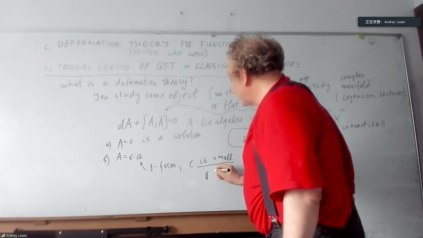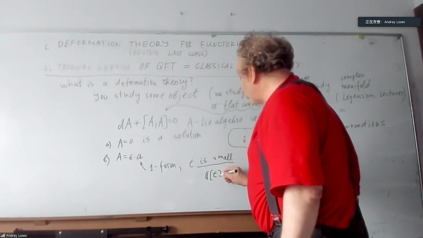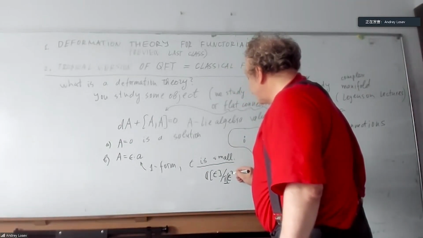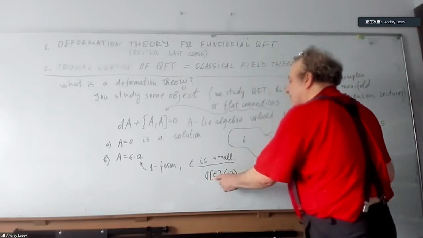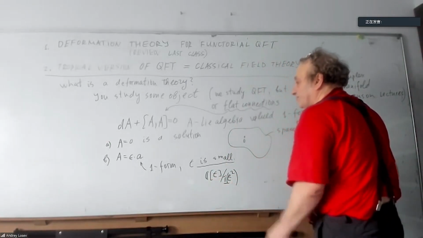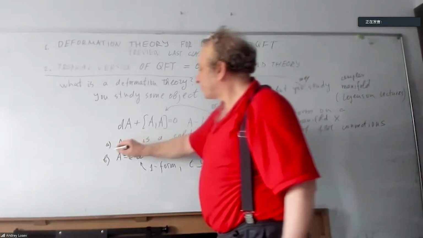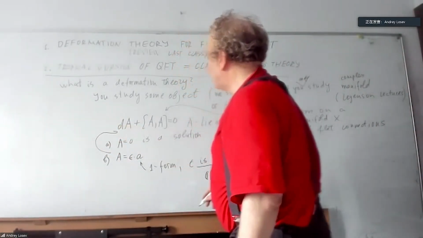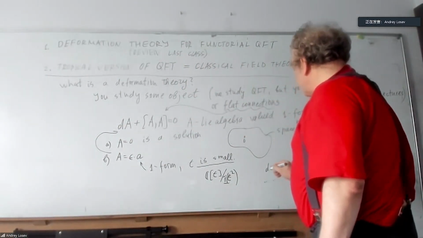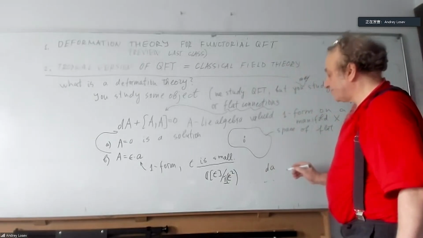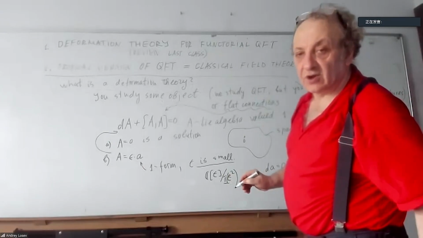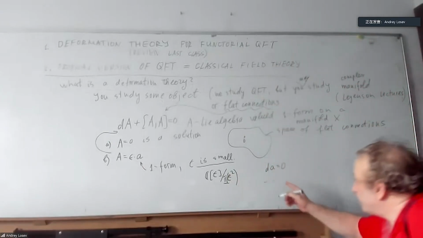Mathematicians would say, consider problem in this space, polynomial in epsilon modulo ideal generated by epsilon squared. Plug it here. Then you have the easy problem, dA equals to 0. So we can solve this problem.